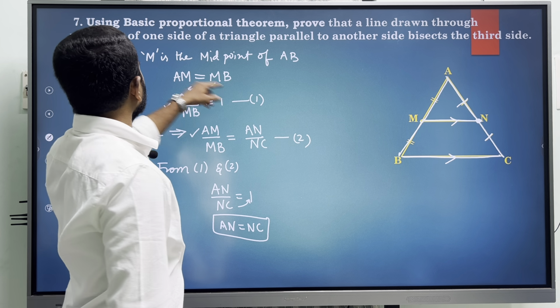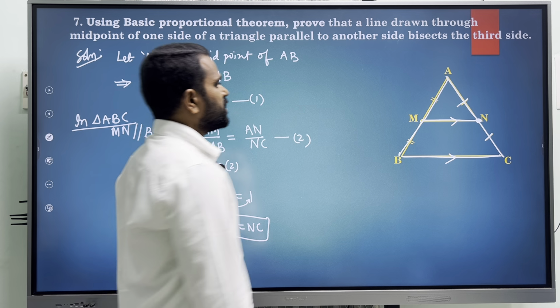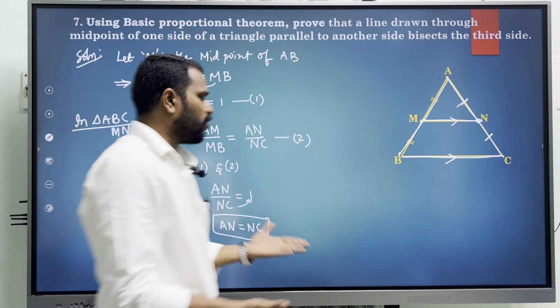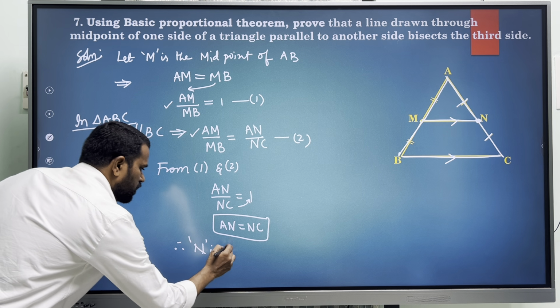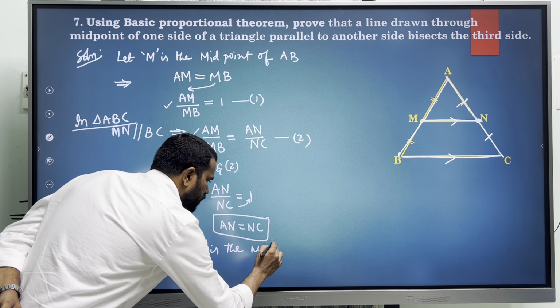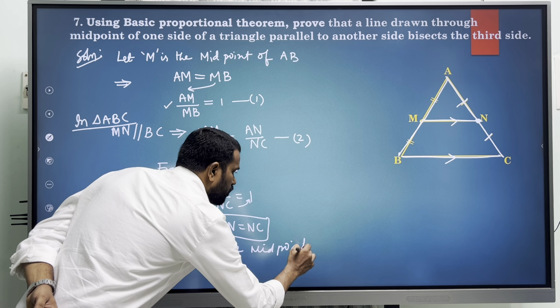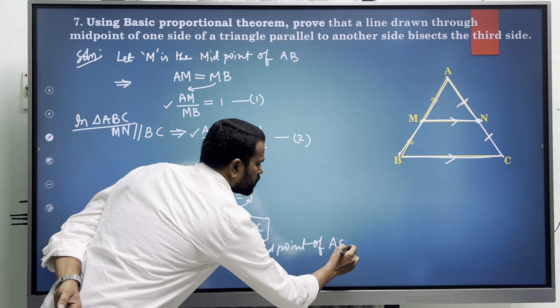See here, prove that the line drawn through the midpoint of a side of a triangle bisects the third side. Yes. Therefore, N is the midpoint of AC.